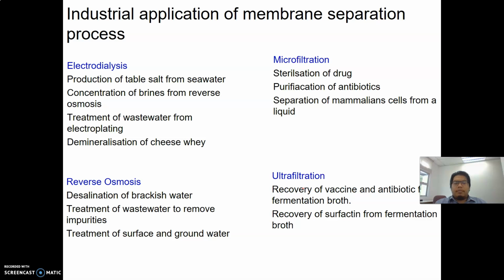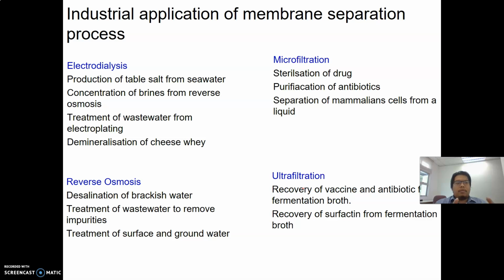And as we know, even with advantages and disadvantages, membrane separation is still widely used in industrial applications, because it is a good technique and a green technology, so we can still use it. For example, electrodialysis: if we go to a dialysis center, it treats patients that have renal problems.